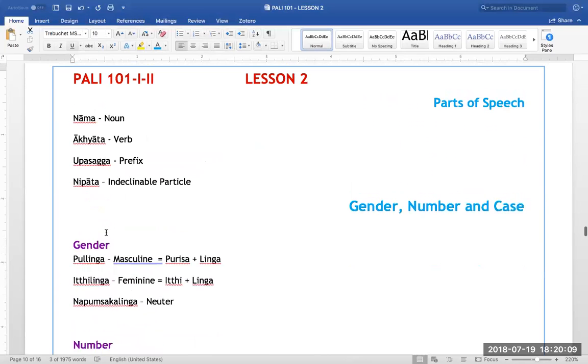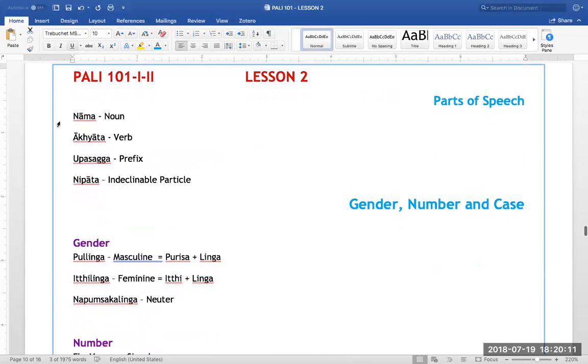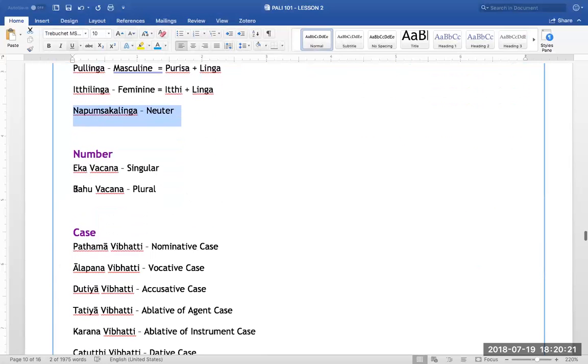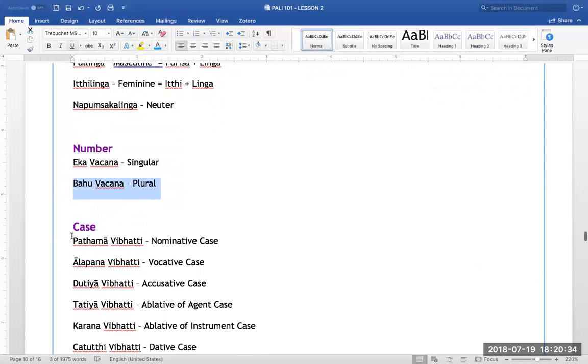So when we decline a noun, we need to know the gender, whether it is a pullinga or itilinga or napunsakalinga. We also want to know, when we understand the meaning of that particular noun, whether it is ekavachana or bahuvachana.